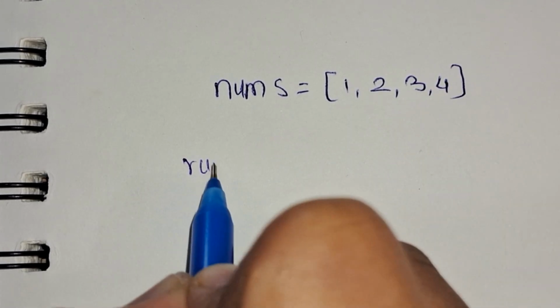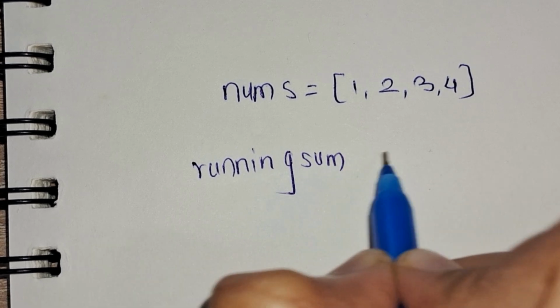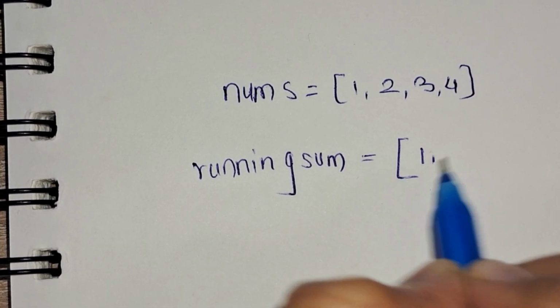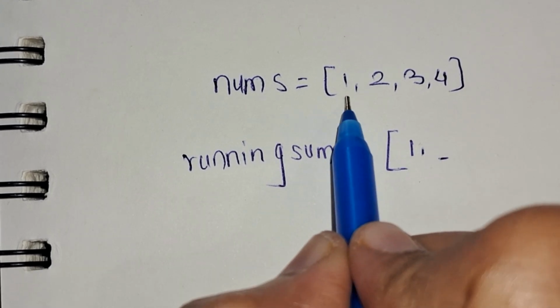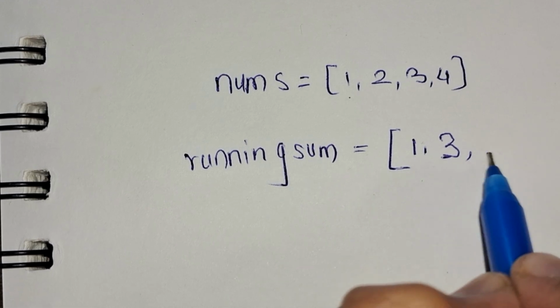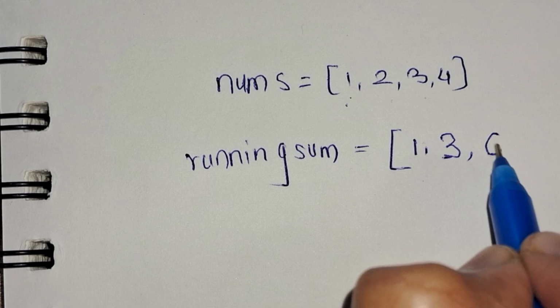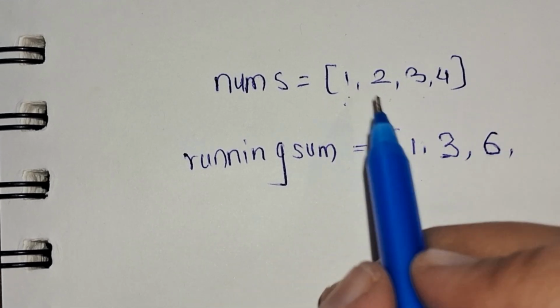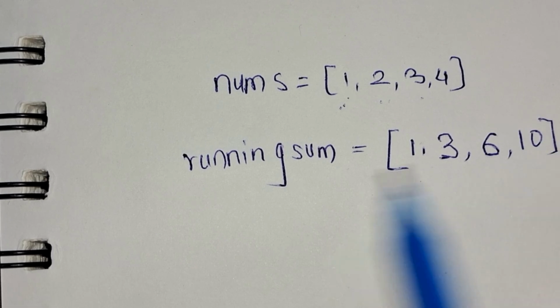Then the running sum will be: 1 will remain as it is. For the second element we will be taking 1 plus 2, that is 3. Then for the third element we will be taking 1 plus 2 plus 3, that is going to be 6. And for the fourth element we will be taking 1 plus 2 plus 3 plus 4, which is 10.